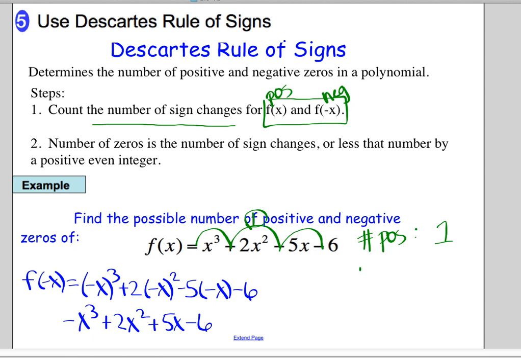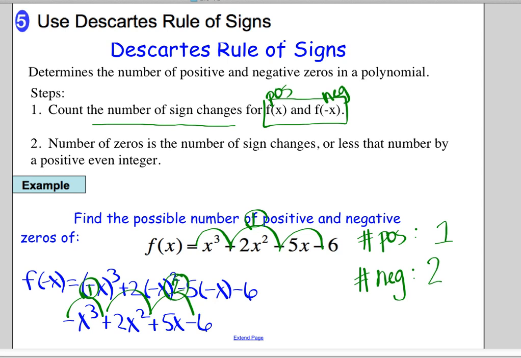Now for the negatives. When I look at f of negative x, it looks like I go from a negative to a positive. That makes 1. We stay positive, and it looks like we have another sign change right there. We go from positive to negative. In this case, that means there are two negative zeros.